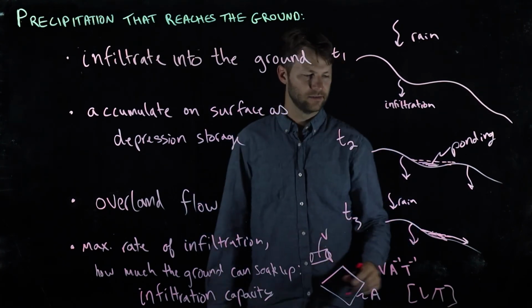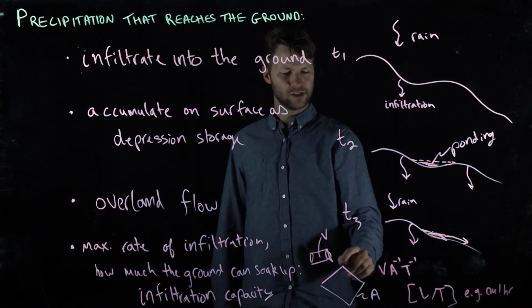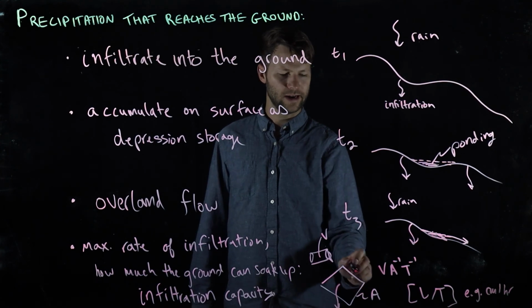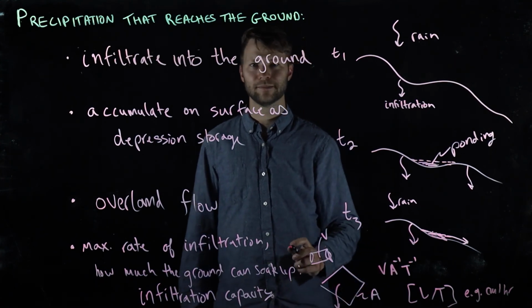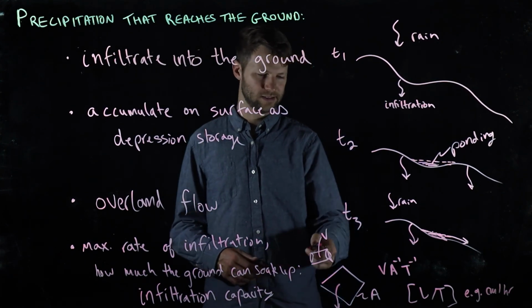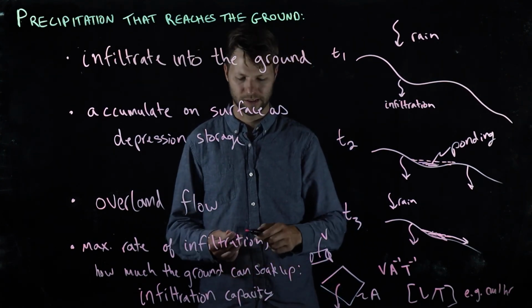And again, so this might be something like, for example, centimeters per hour. I just want to stress that the infiltration rate, the volume of water per area of ground surface per time that the ground can soak up, it's not a fluid velocity. It's instead this flux that's passing across this particular boundary here.